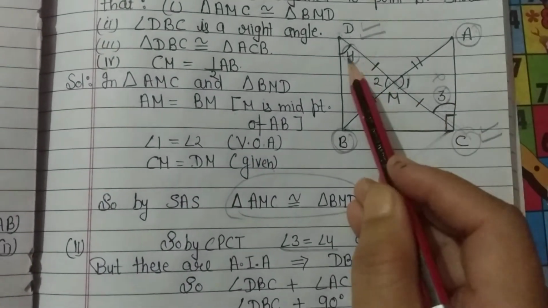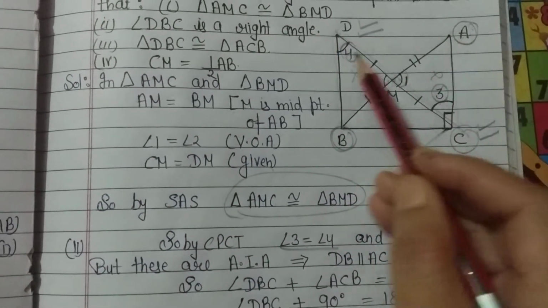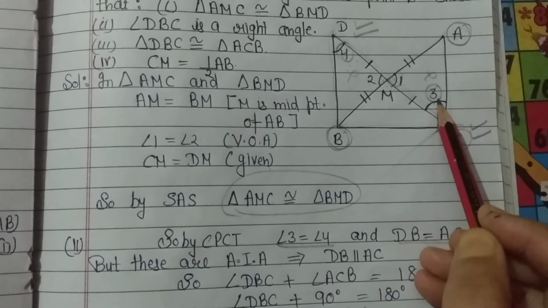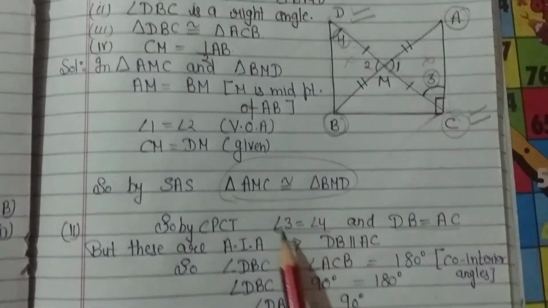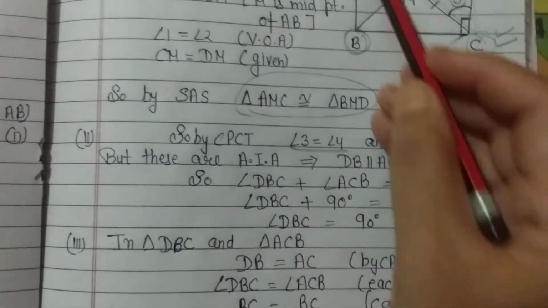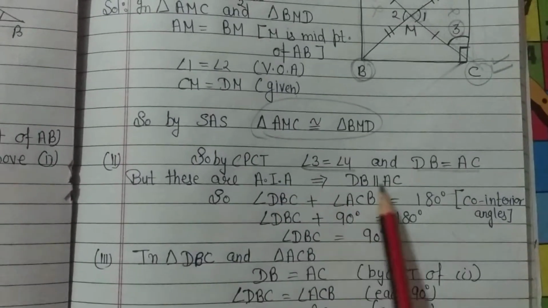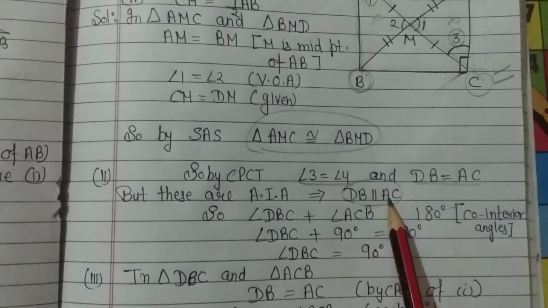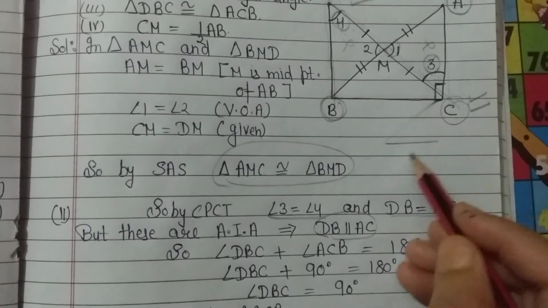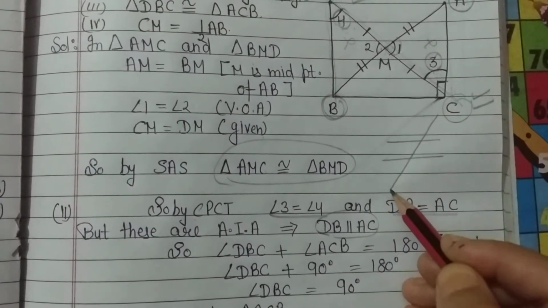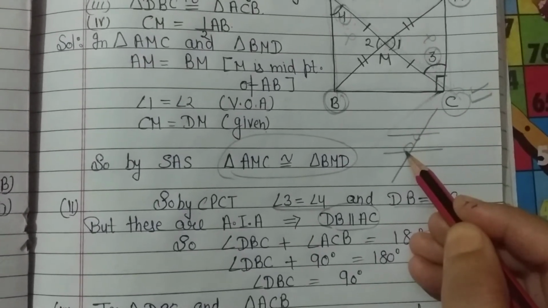Now, if angle 3 is equal to angle 4, see carefully. This is making the pair of alternate interior angles. If 3 and 4 are equal, we can say this line DB and this line AC, both are parallel. If the lines are parallel, we know that in chapter 6 we have done, if the lines are parallel and a transversal intersects them, then the sum of the co-interior angles is 180 degrees.